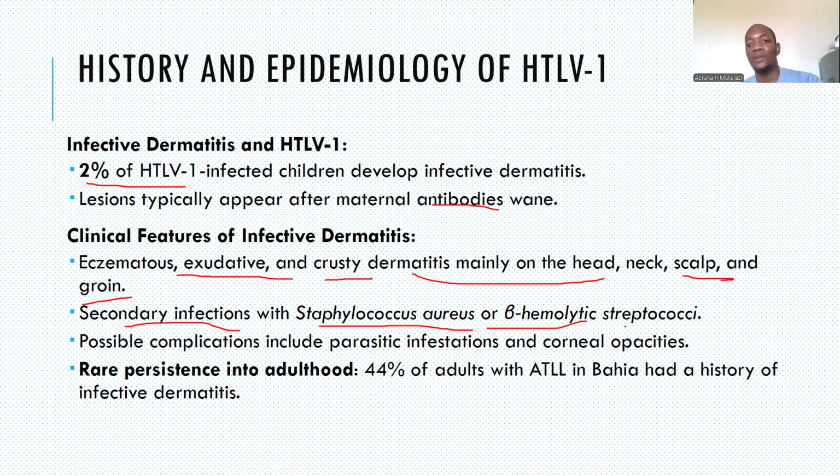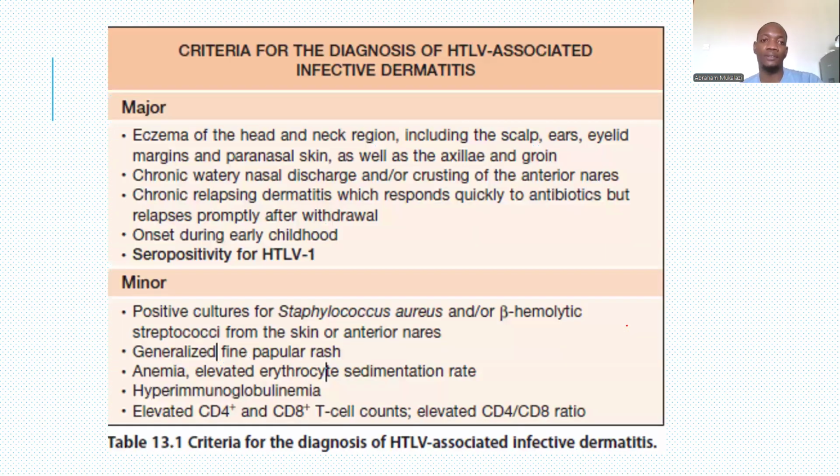Meaning that if you do a retrospective study and you are looking at patients who have the adult onset T-cell leukemia and lymphoma, the malignancy, you'll find that 40% of them have had infective dermatitis during their childhood. So that is where the correlation started from actually.